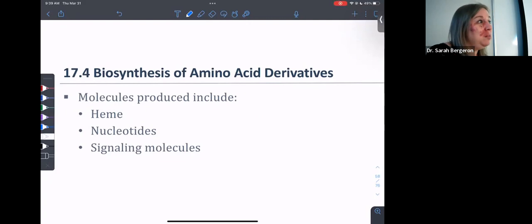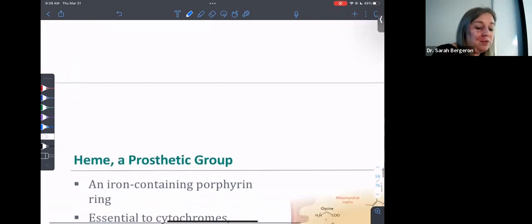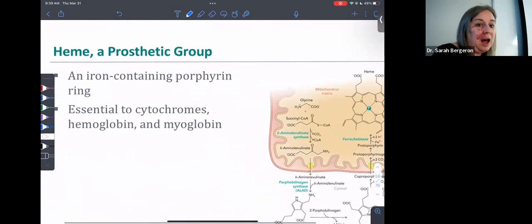Cytochromes have that heme group, right? Nucleotides. What are examples of nucleotides? Two big classes: purines and pyrimidines. Signaling molecules. Do you remember we said tyrosine was really important for making neurotransmitters, for making dopamine, catecholamines? That's right, exactly. So it's really important for lots of different things that happen in the body.